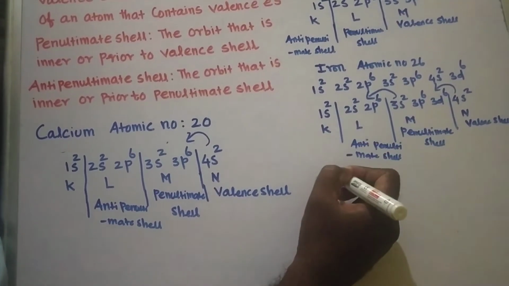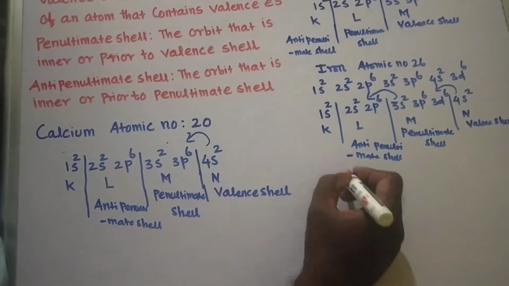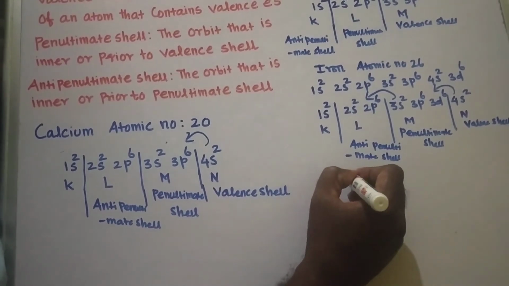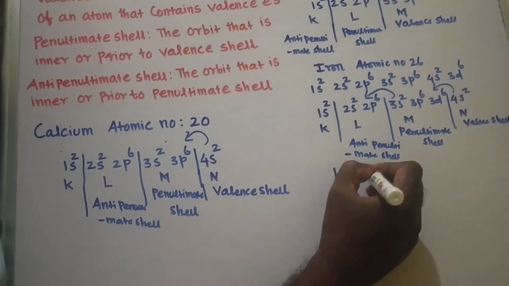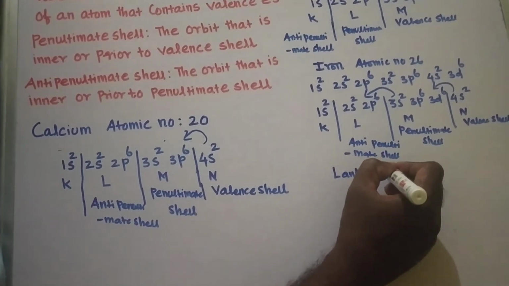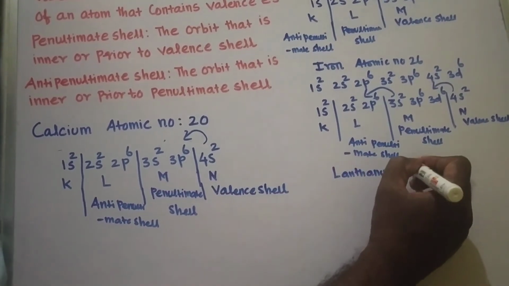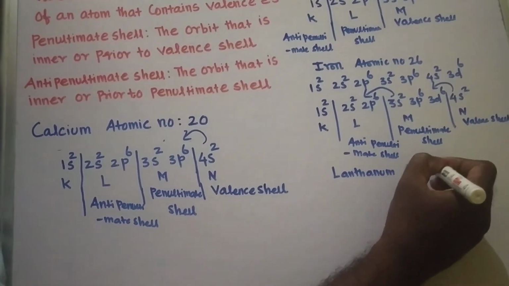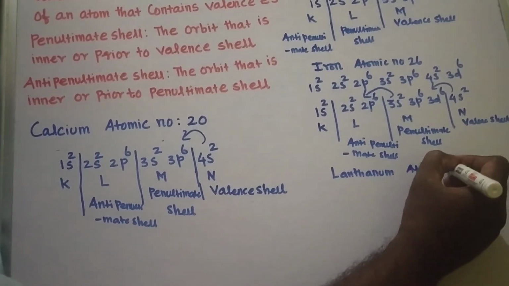Then we are going to take the last one, that is lanthanum. For lanthanum, the atomic number is equal to 57.